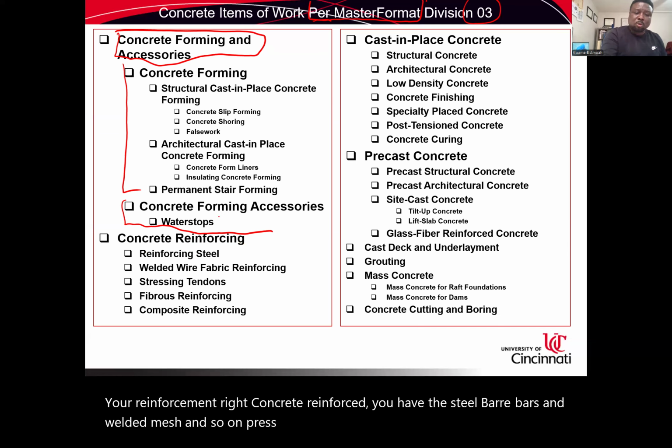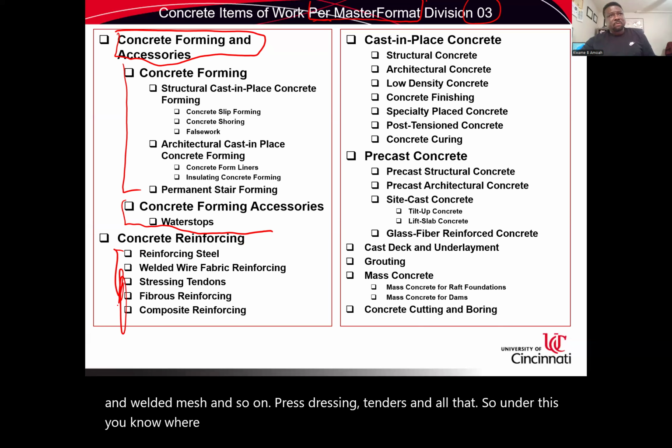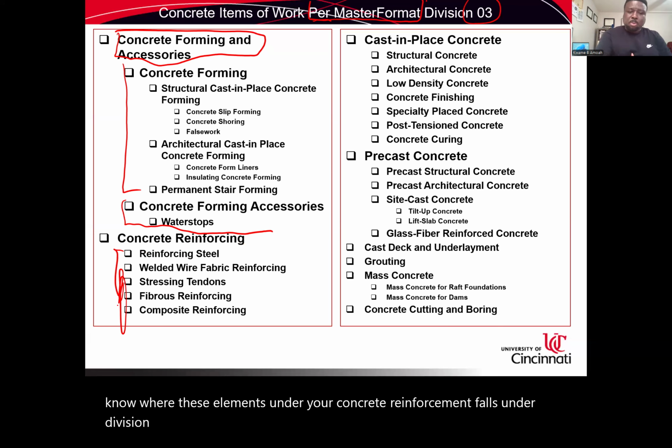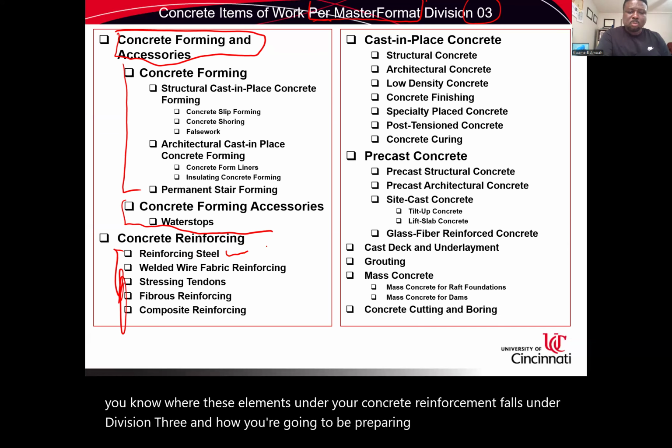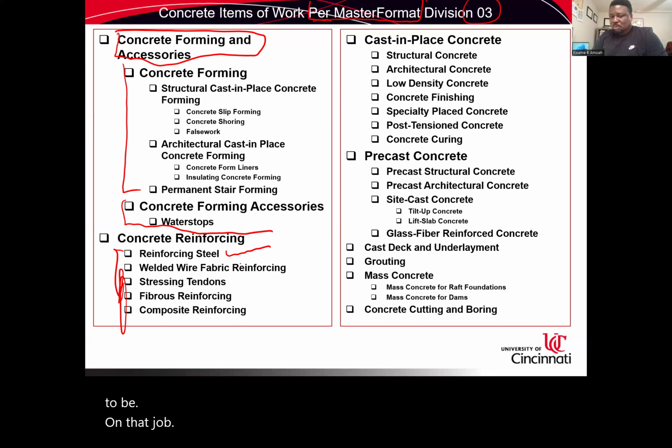So under this, you know where these elements under your concrete reinforcement fall under division 3 and how you're going to be preparing to make sure you supervise and place reinforcement adequately and where it's supposed to be on that job that you supervise or are part of.